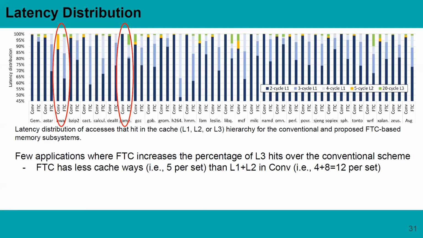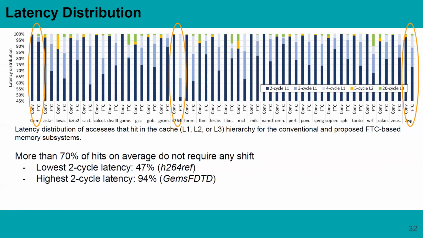This is because FTC has fewer cache ways, that is 5, than the conventional combining L1 and L2, that is 12 ways. This translates into more conflict misses in the FTC. In summary, more than 70% of hits on average do not require any shift operation, with a lowest and highest two-cycle latency of 47% and 94% respectively.